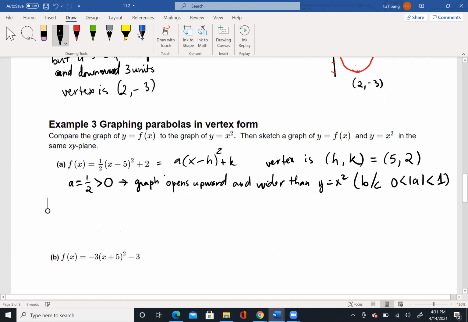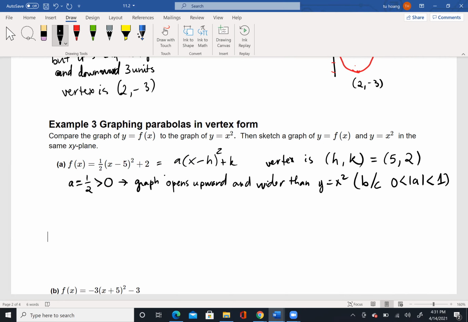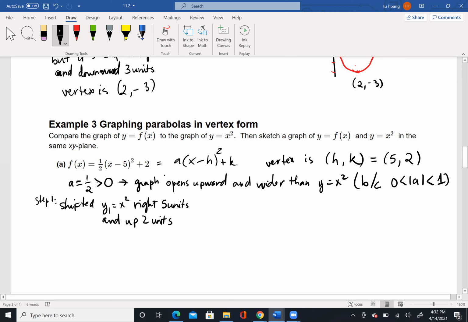Firstly, step 1, shift y1 equal to x squared right 5 units and up 2 units. So what does that look like?